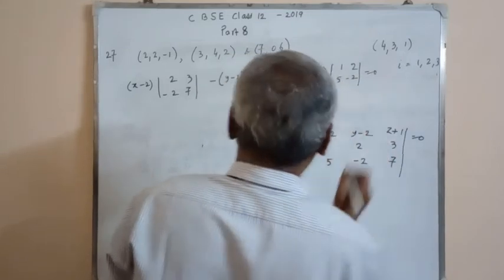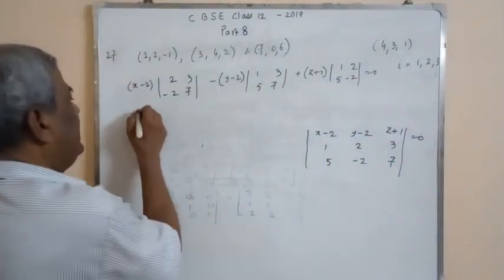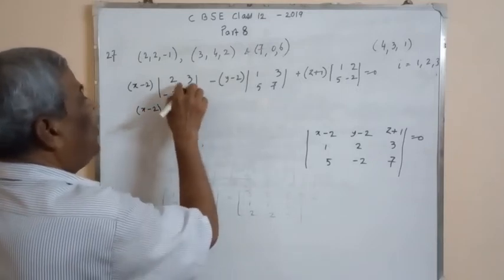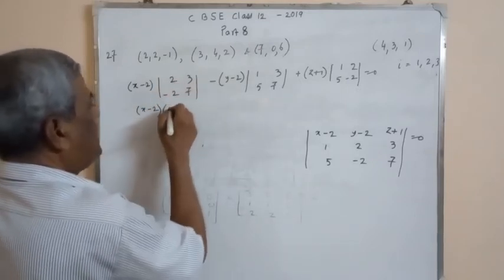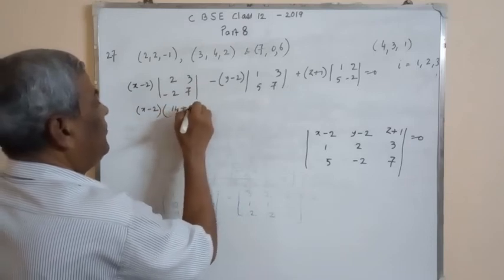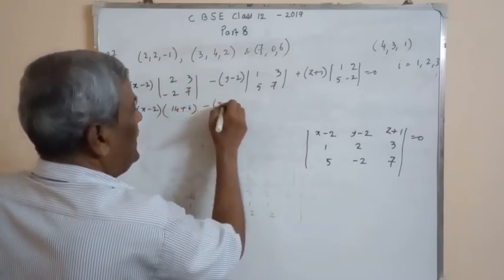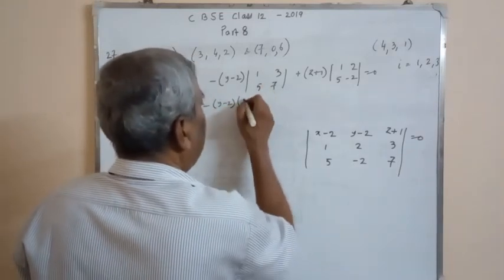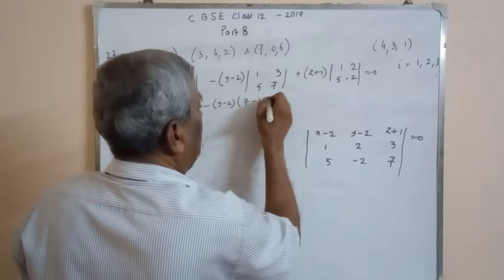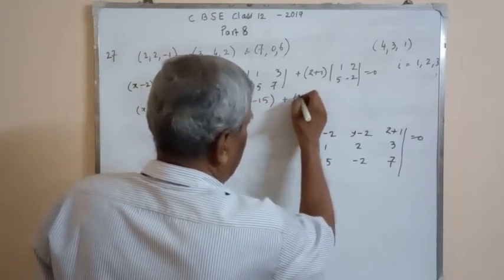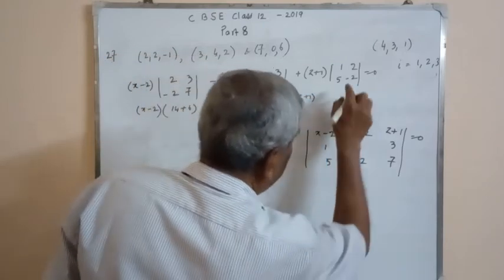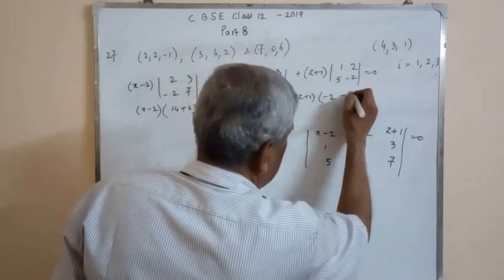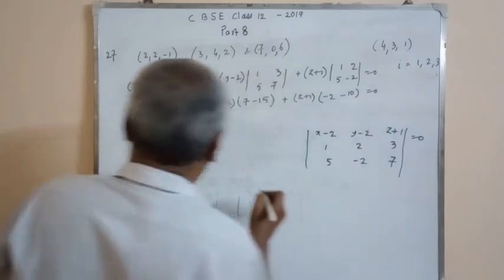is equal to 0. So it is equal to x minus 2 into 14 plus 6, minus y minus 2 into 7 minus 15, plus z plus 1 into minus 2 minus 10 is equal to 0.